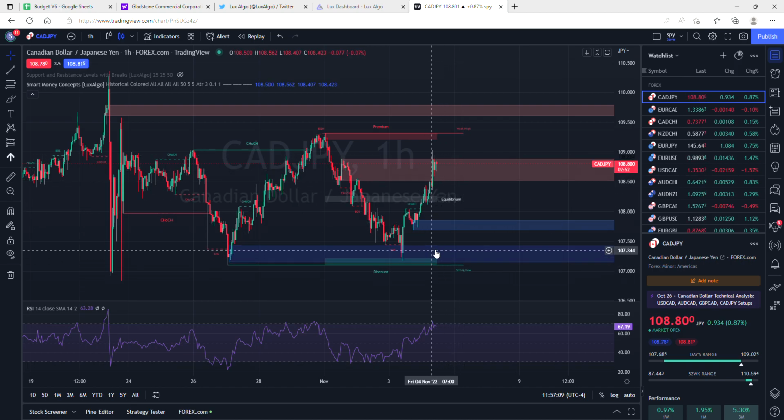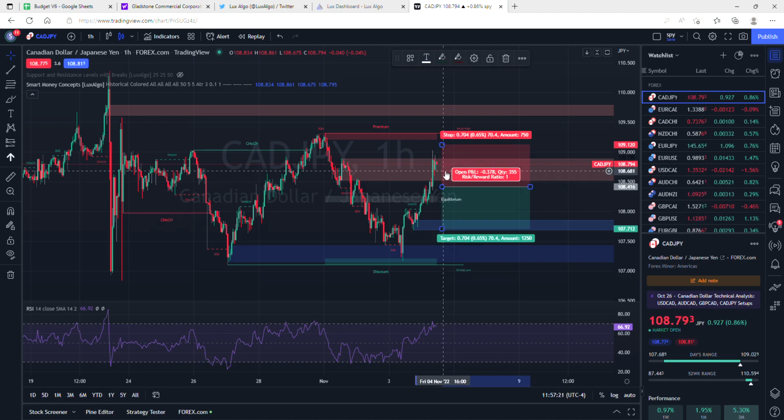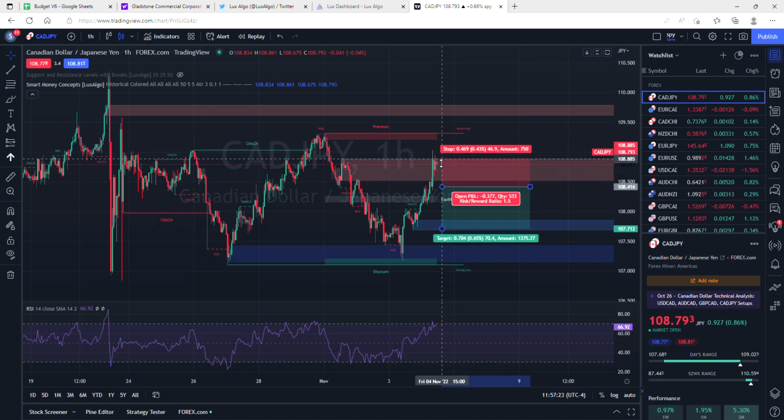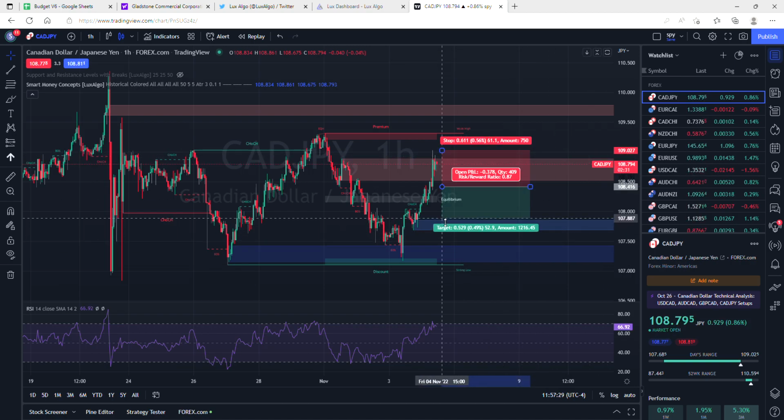Now, if it does simply break through this box, you'll be okay, but I always set my profit target right about here, and I'll show you guys how it would be set up. So you would enter about here, stop loss here, or I'll put it at the swing high of that trend, and you're targeting here.